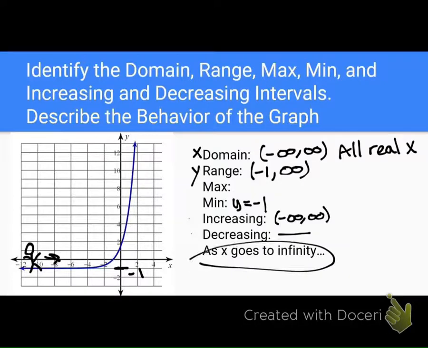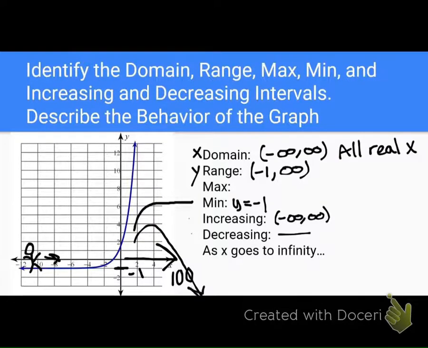This last part says, as x goes to infinity, so you're finishing this statement. So what's happening as x goes to infinity, or as x gets really, really big? So I'm thinking as I go out on the x-axis, say I plug in 100, what happens to y? Is y going to kind of level out and be something like 6.1, or does it go down dramatically?